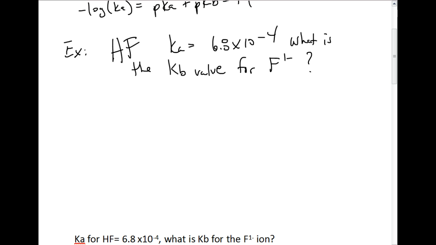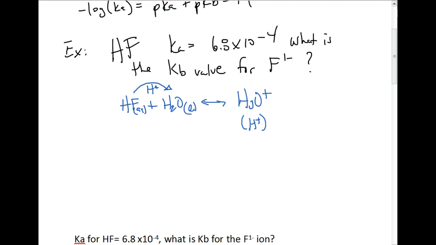Now, just as an aside, to remember, we talked about before how, if we took a weak acid and reacted it with water, aqueous and liquid water, we would get the weak acid donating its proton, or its hydrogen ion, to the water. And so we would get H3O plus, which we also know as hydronium, and we would also get the conjugate base, fluoride.